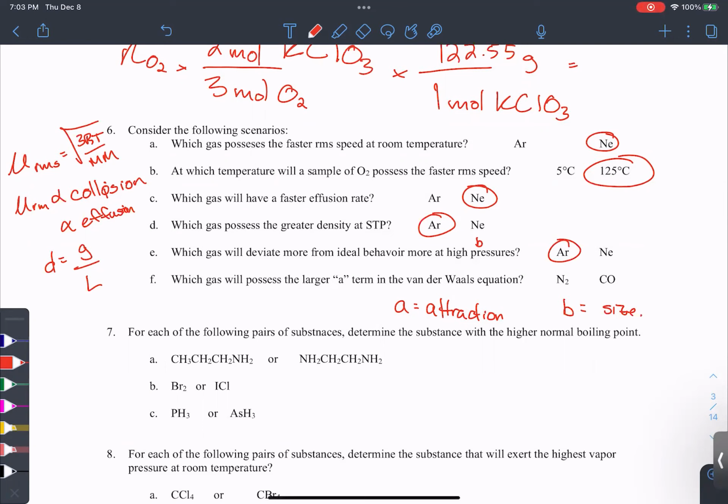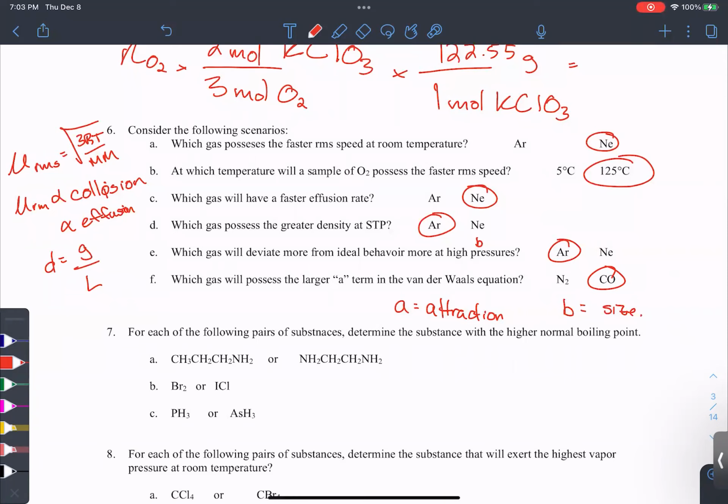Yes. Okay. And then on the other hand, which gas will have the larger A term in the van der Waals equation? N2 or CO? CO, yes. Because A refers to attractions. Remember one of the tenets of kinetic molecular theory, we make the assumption that the particles are not attracted towards one another, that basically they're billiard balls just bouncing off one another, purely elastic collisions, no energy loss.